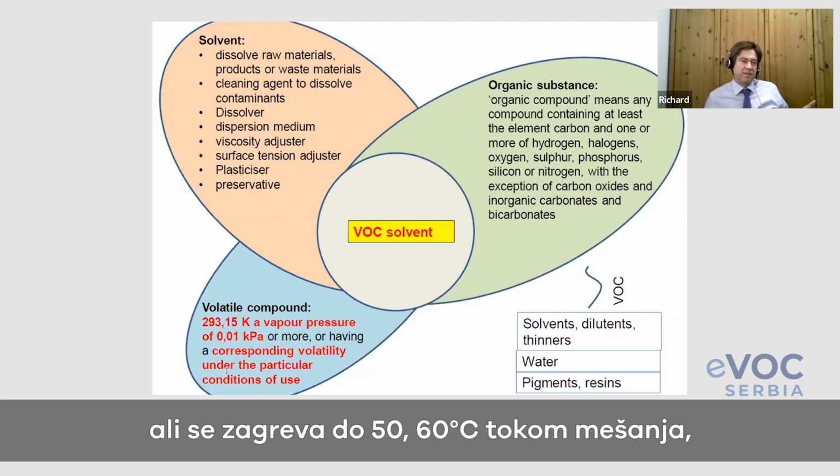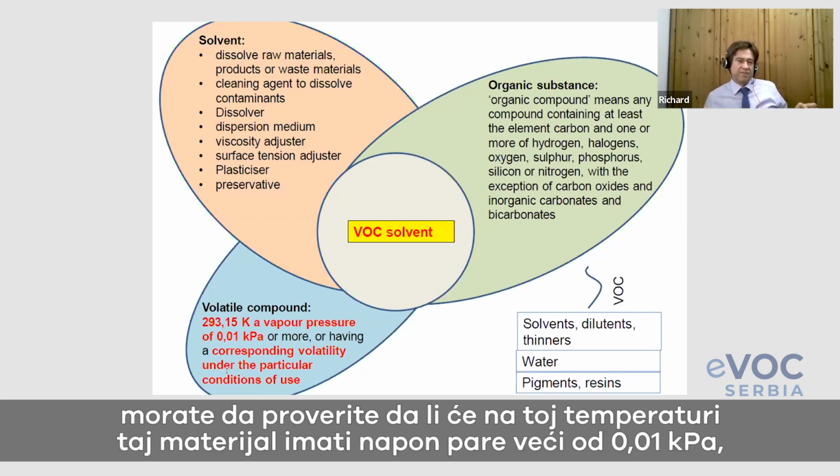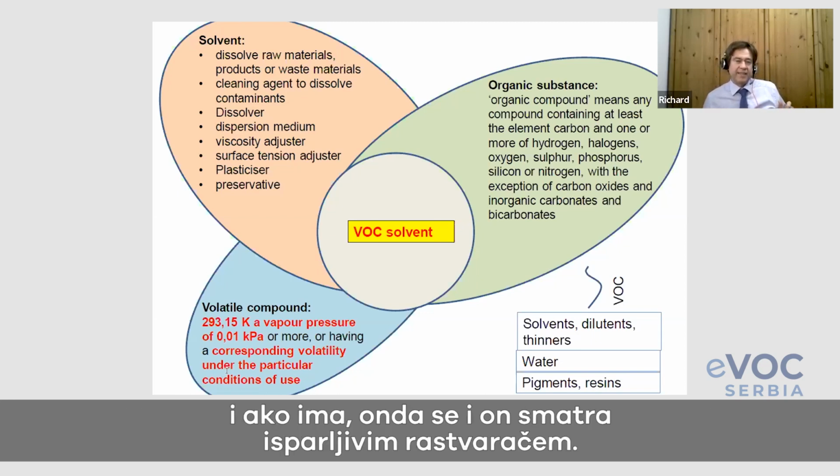You have maybe 50 or 60 degrees Celsius. You have to check if at that mixing temperature, that material exceeds the 0.01 kilopascal. If that is the case, then you have to consider that solvent as a VOC solvent too.